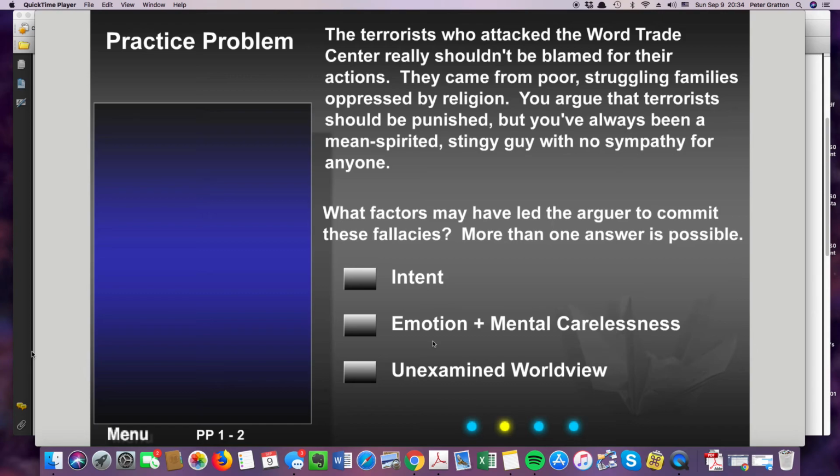Emotion is at least a minor factor leading to these fallacies. Okay, let's try this. I think an unexamined worldview: the arguer is probably not a strong environmentalist. Right? They don't care about pollution. Do we want to select another answer? I think two is enough. Again, I'm just trying to go through a couple so that you see why we would answer that way.